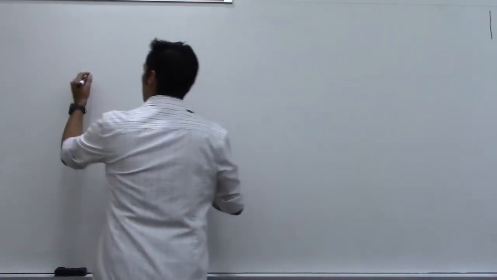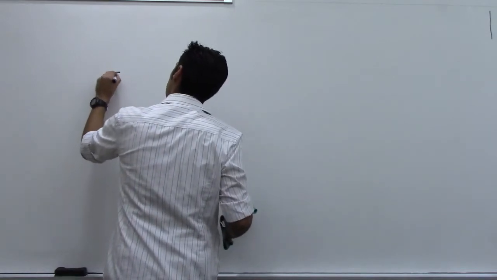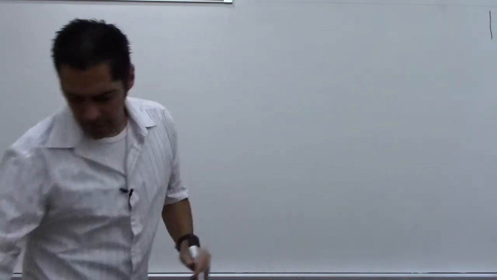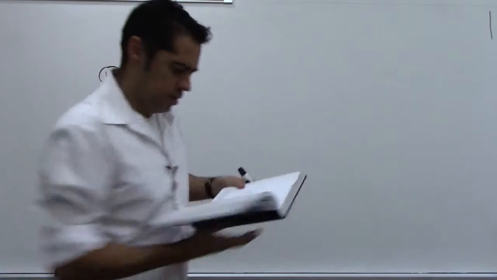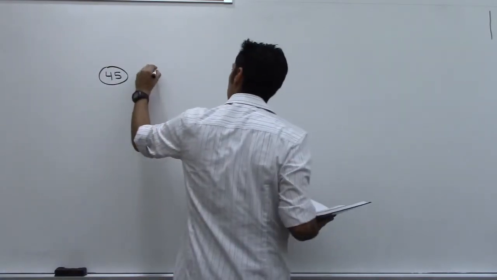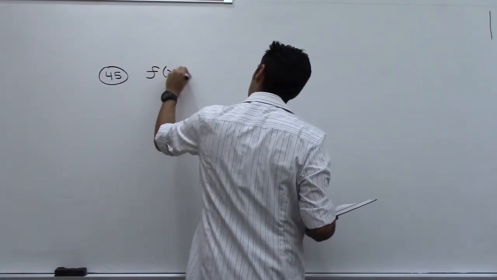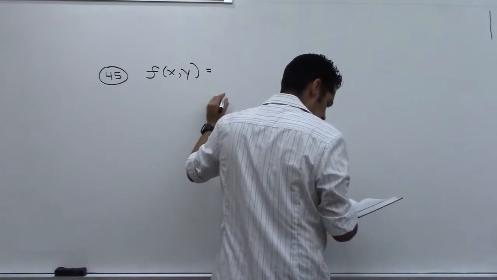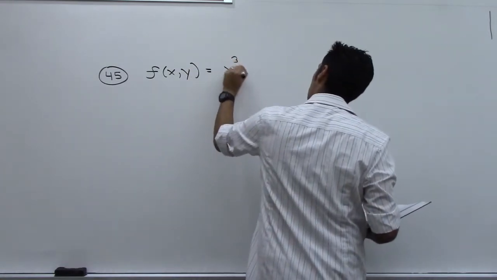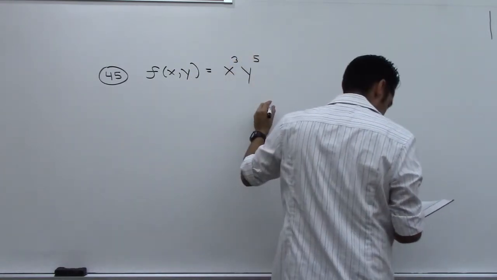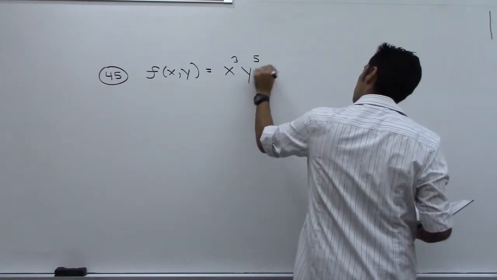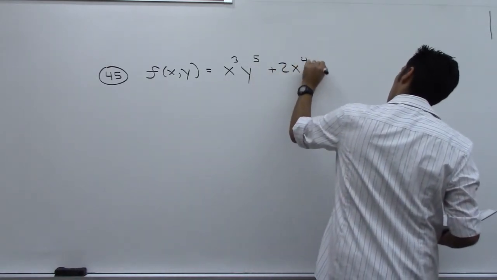Look at number 45. So we have the function of two variables, f of x, y, equals x cubed y to the fifth plus 2x to the fourth y.